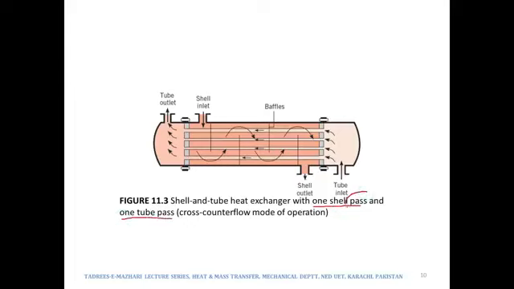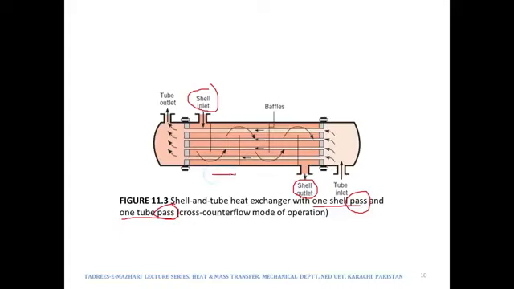So over here we are discussing passes. So what does pass mean? Pass means that the shell side fluid will come in from here and then it will leave from here. It comes in from one side and then it leaves from the other side.